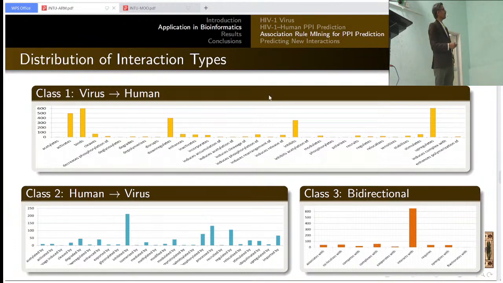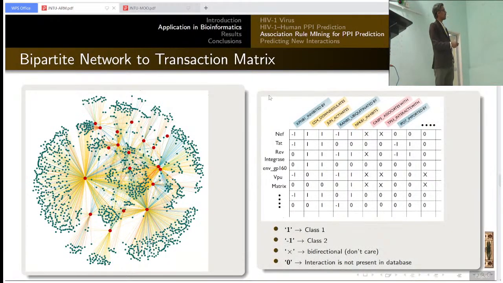Now what we did is model these interactions as a matrix. In the rows we put the viral proteins, each row corresponding to one viral protein. Each column corresponds to one human protein along with the type of the interaction.